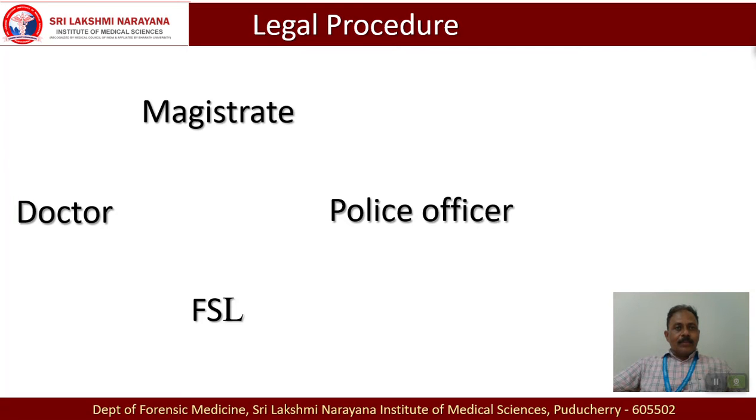Now, what has come in between is the evidence. The evidence refers to a written document or oral statement on an oath, which helps the court to decide the case. Next is the summons, or subpoena. Summons means to call. Subpoena: sub means under, pena means penalty.